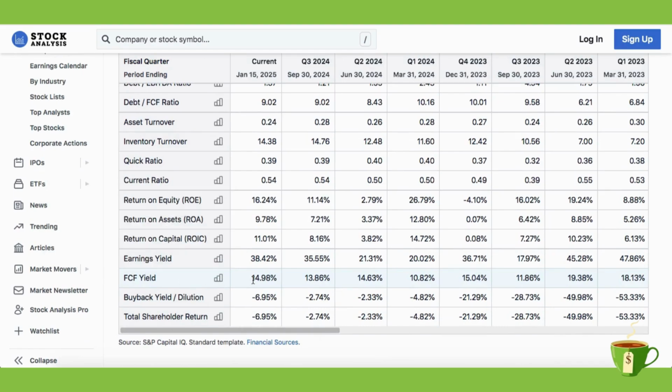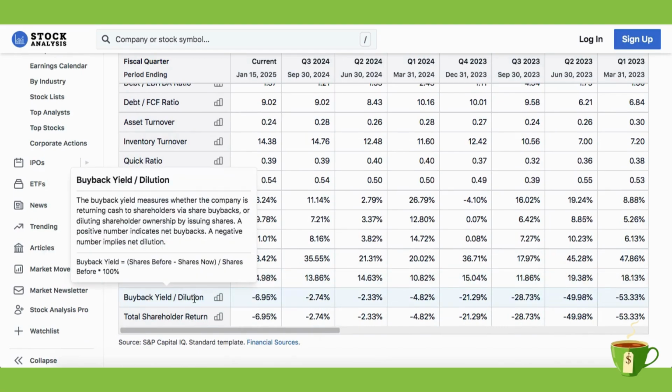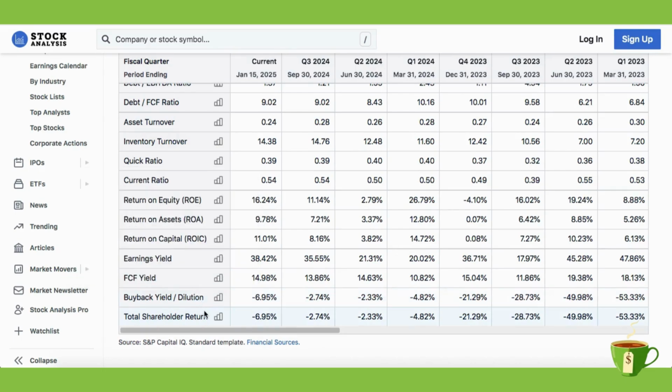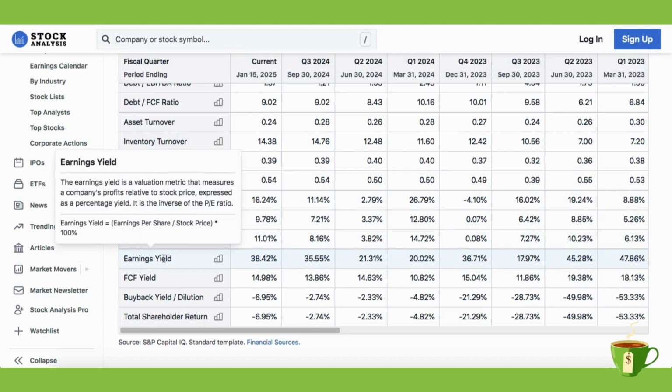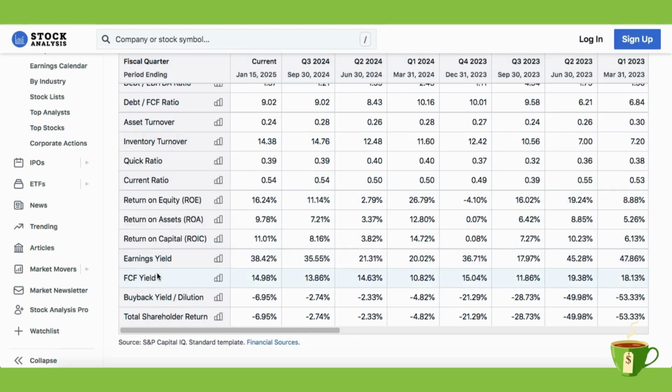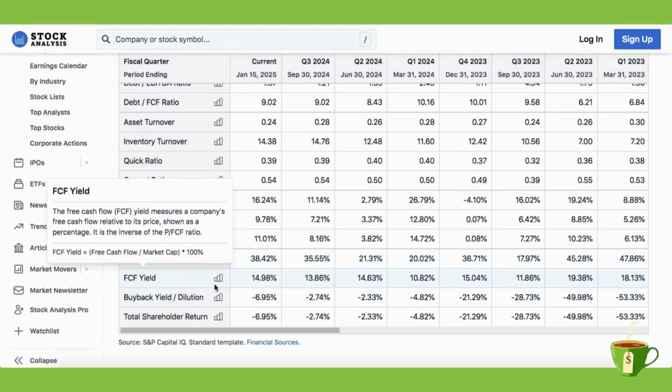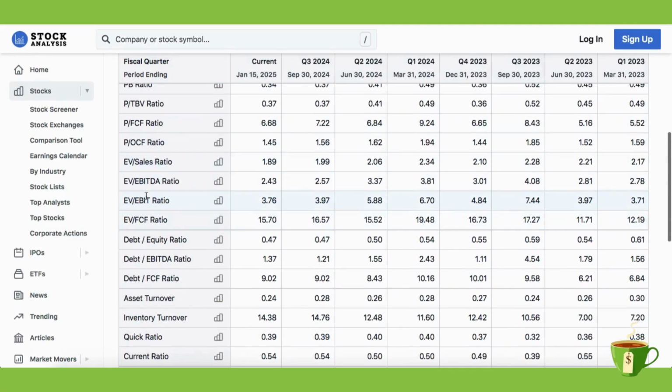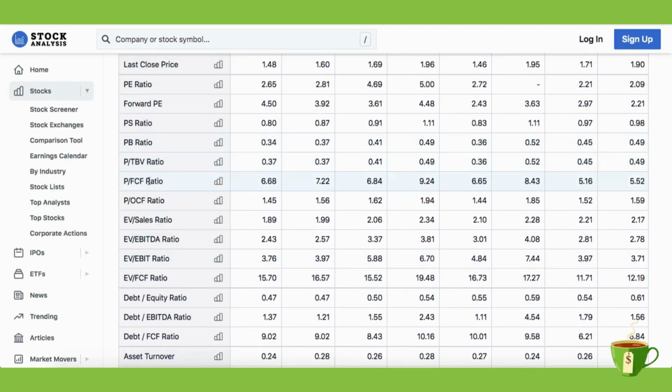It does look like they're diluting, like issuing more shares, which I don't love. But they have a good return on equity. They've got good earnings. Good free cash flow. Let's check this out. Price to book. Yeah, these are all the numbers we were already looking at.